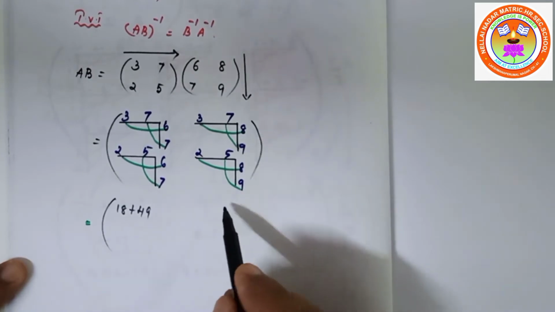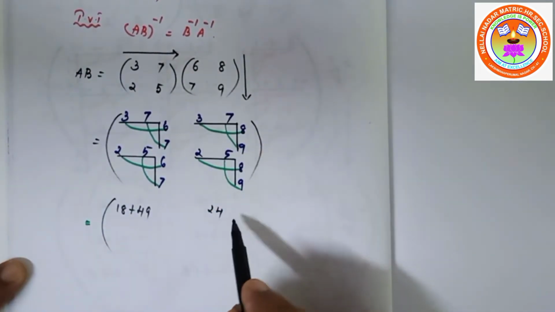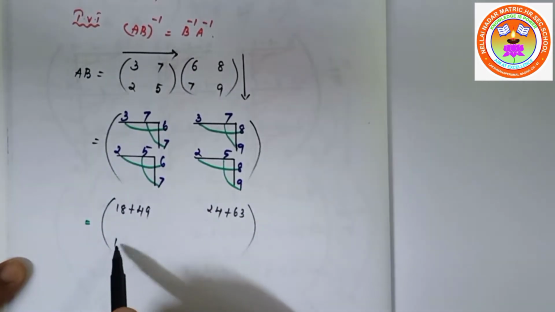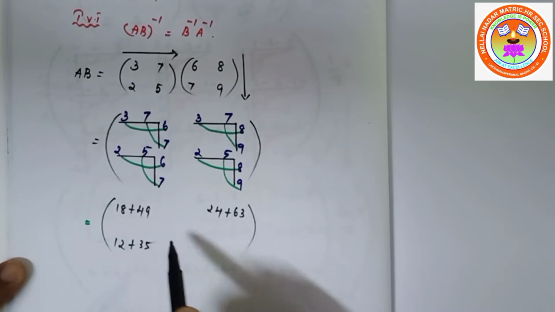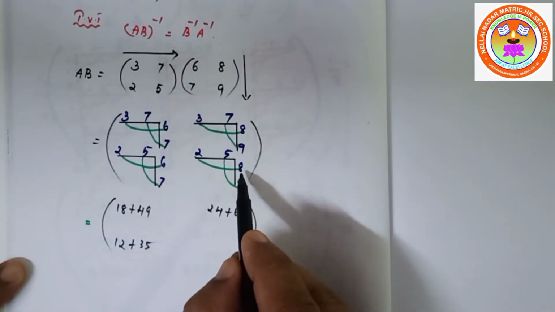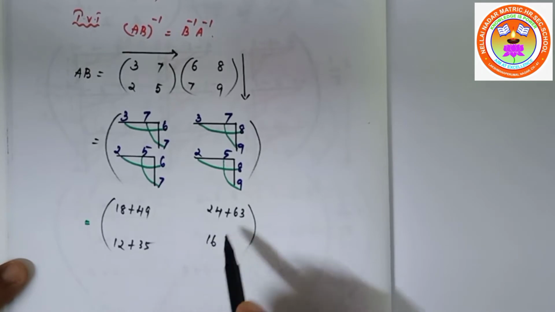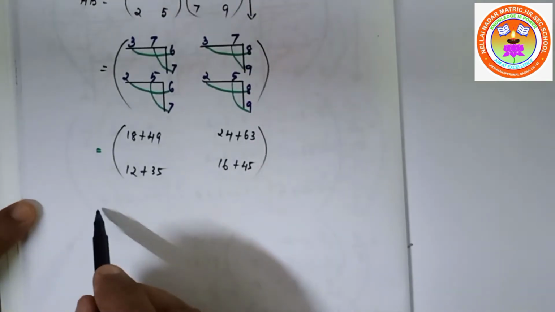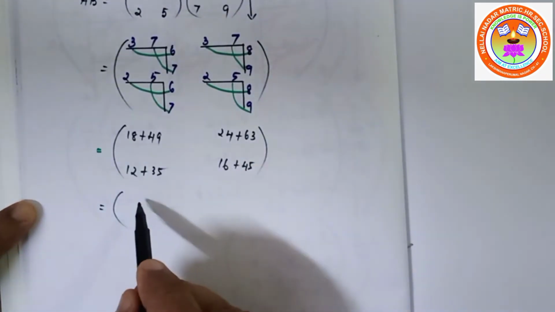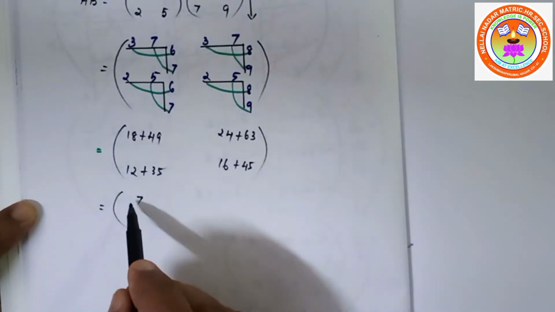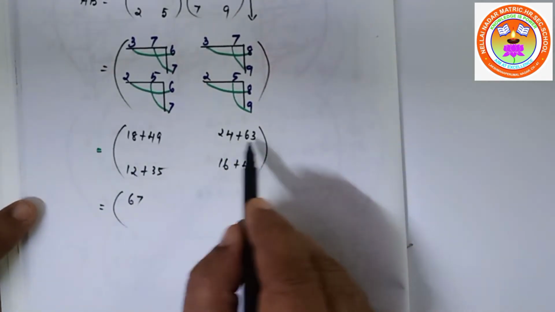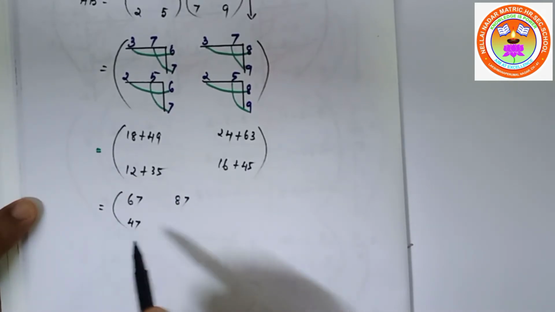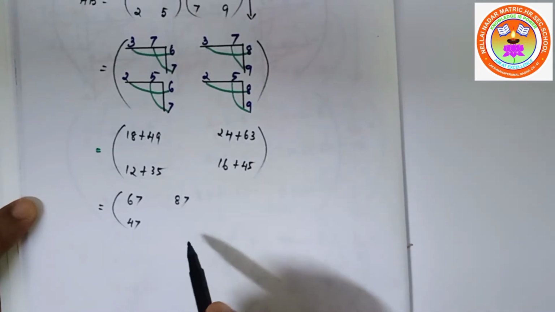Next, 3 8s are 24, and 7 9s are 63, so plus 63. 2 6s are 12, 5 7s are 35, and 2 8s are 16, and 5 9s are 45. If you add together, we get 67, 87, 47 and 61.